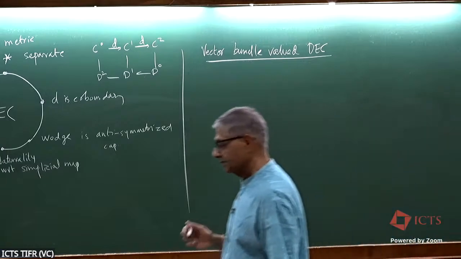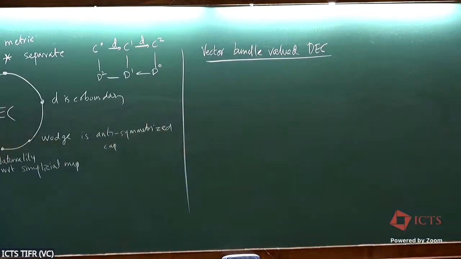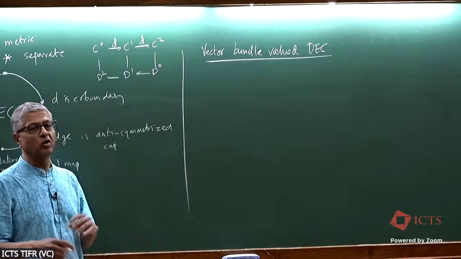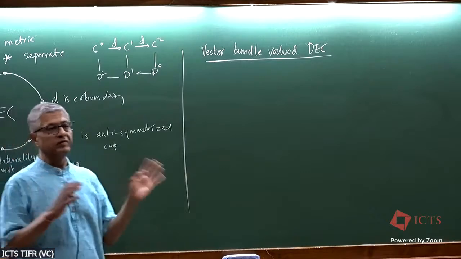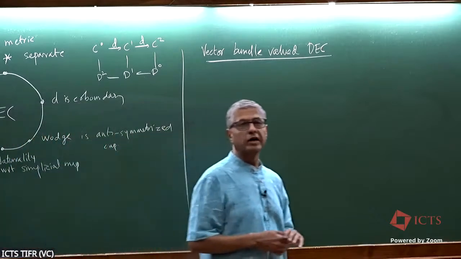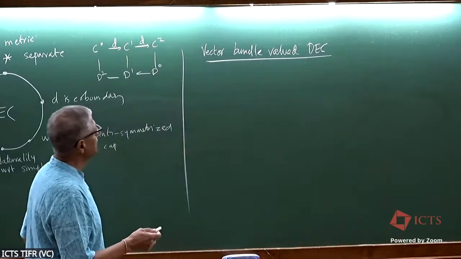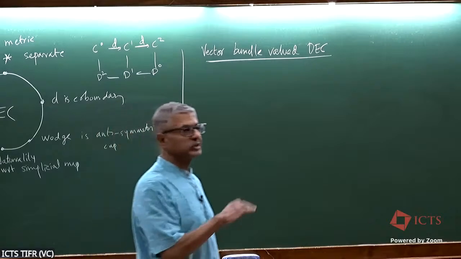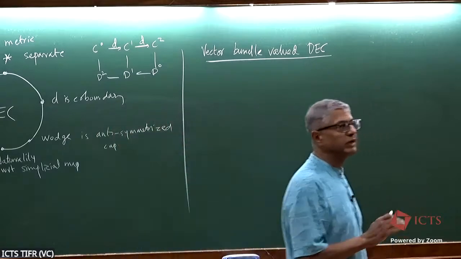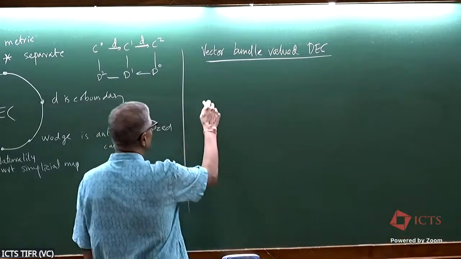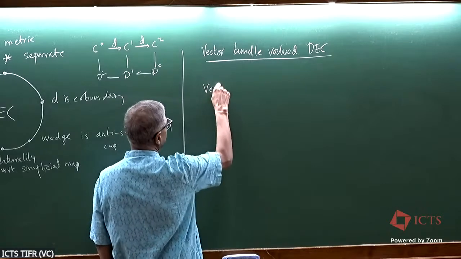And it's not complete, but I'll present a fairly complete picture. But before I present vector bundle valued DEC, I just want to recall this view of differential geometry, which is coordinate independent without any Christoffel symbols and coordinates, because that's what we will discretize, because that turns out to be relatively easy to discretize. So let's talk about vector bundles with connections first.